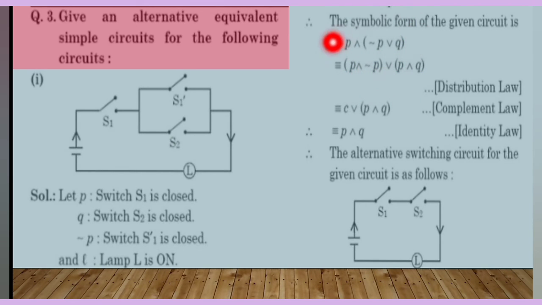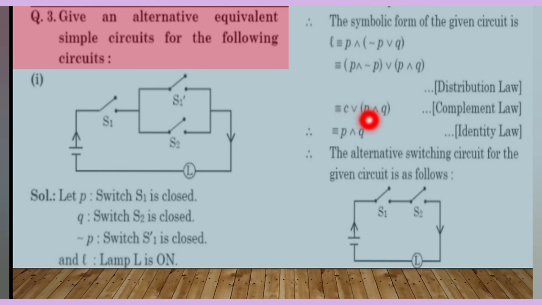Here in this statement, which law do we use? We use the distributive law, meaning we write this P with negation P, and this P with Q. See here, P and negation P, or again P and Q. Here distributive law.